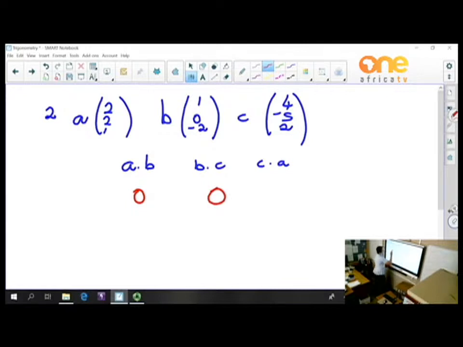And then AC, 8, negative 10, 2, which is also 0. So all these vectors will eventually be perpendicular. They will be perpendicular. Question 3.